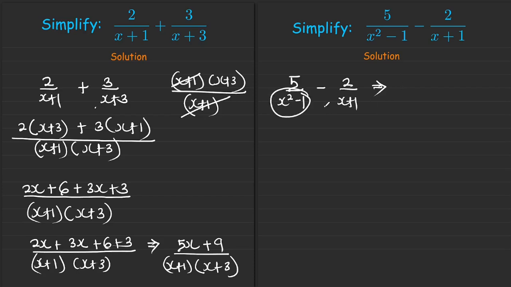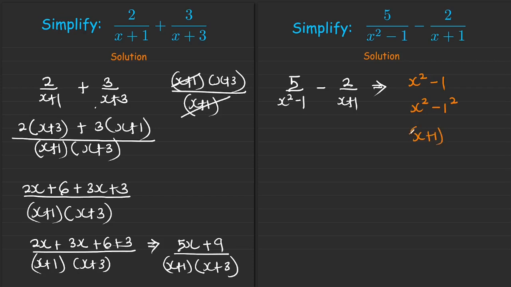Looking at our denominator, this is a difference of 2 squares. x squared minus 1 can actually be written as x squared minus 1 squared. And this is where the difference of 2 squares plays its role. So difference of 2 squares says you should what?